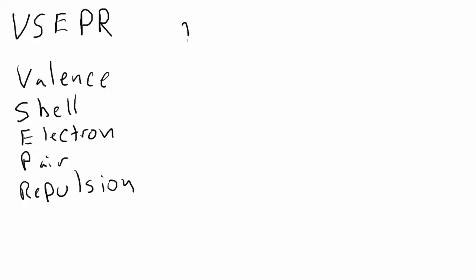So you have two pairs of electrons around a central atom. Let's say we had the atom beryllium. Beryllium has two electrons in its valence shell. Let's say it bonded with hydrogen.